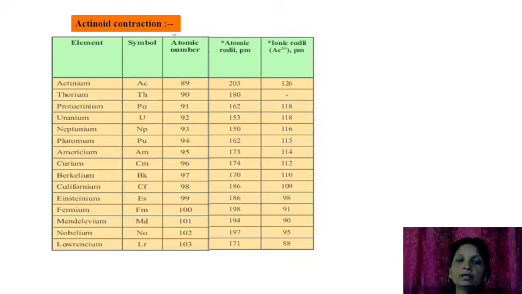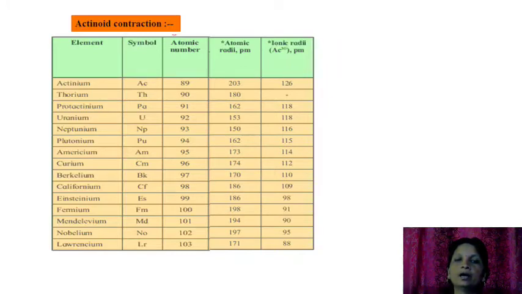So here actinium shows an atomic radius of 203 pm, thorium 180, protactinium 162, uranium 153, neptunium 150, plutonium 162, americium 173, curium 174, berkelium 170, californium 186, einsteinium 186, fermium 198, mendelevium 194, nobelium 197 and lawrencium 171.